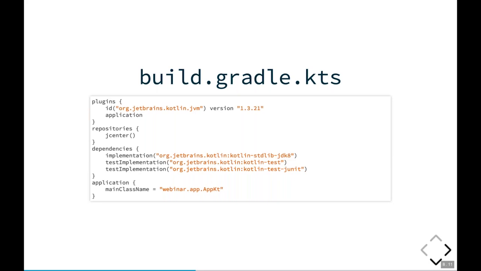And then it sets up a repository where to fetch dependencies, and then declares some implementation and test implementation dependencies. If you want to know more about this important topic, please see the dependency management fundamentals webinar that was done recently. And the last block is setting up our application main entry point.